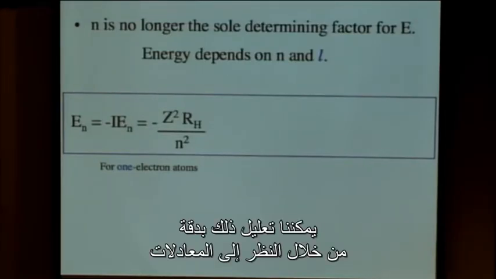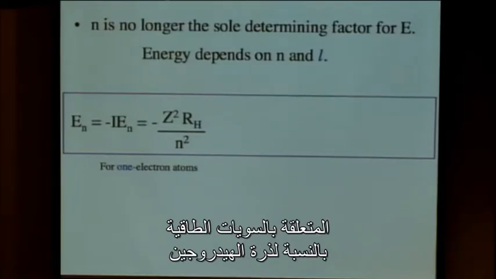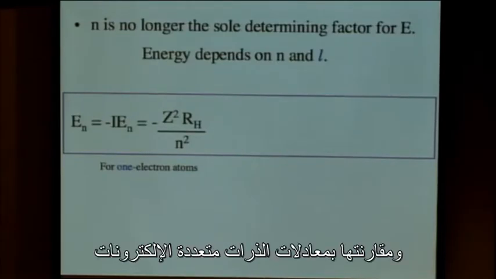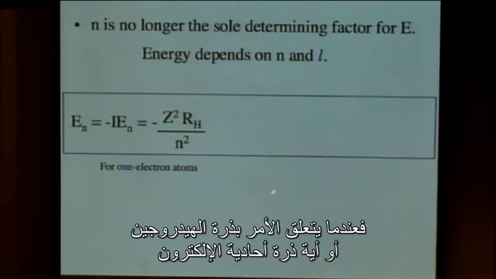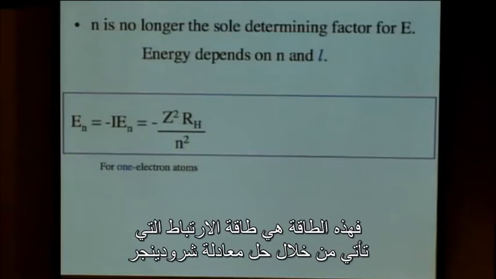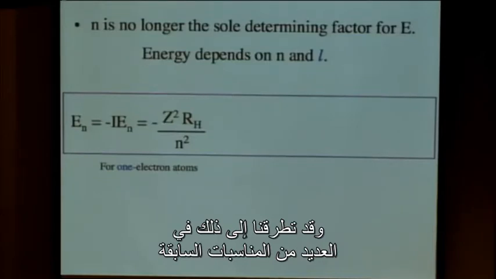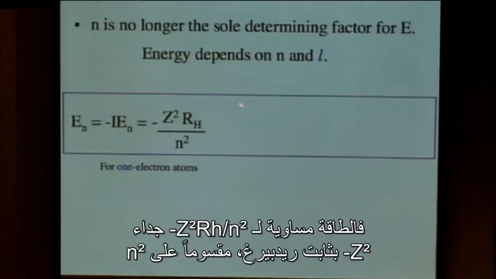And we can look at precisely why that is by looking at the equations for the energy levels for a hydrogen atom versus the multi-electron atom. So for a hydrogen atom, and actually for any one electron atom at all, this is our energy, or our binding energy. This is what came out of solving the Schrodinger equation. We've seen this several times before, that the energy is equal to negative Z squared times the Rydberg constant over n squared.